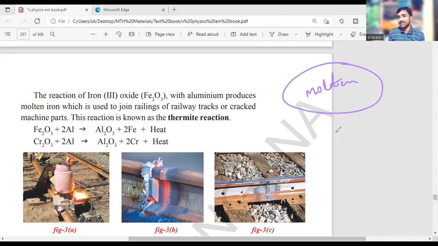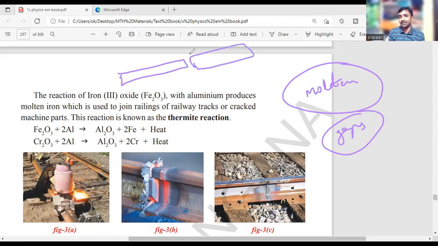That molten liquid we can use to fill the gaps in the railway tracks. The gap provided here will be joined using this molten metal. The energy liberated converts it into liquid form, and that liquid will be poured into the gaps of the railings.